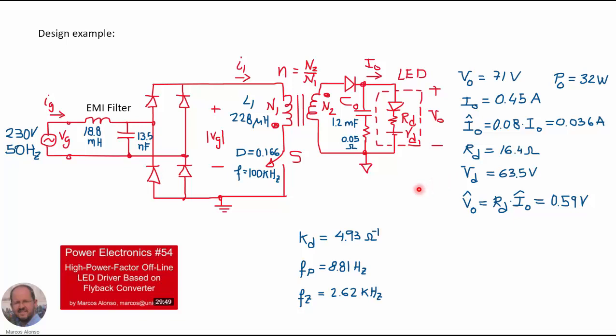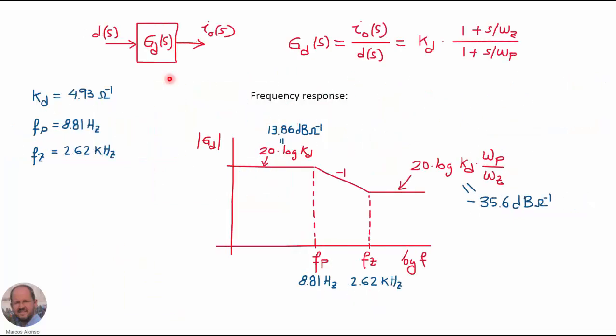So if we use the different parameters that we have here, we can obtain these values corresponding to the dynamic model. The parameter KD, the frequency of the pole, 8.81 Hz, and the frequency of the zero, which is 2.62 kHz. And now we can represent the transfer function of our converter, GD.